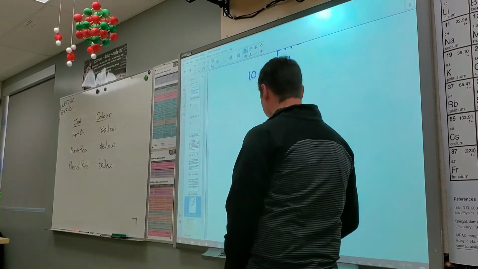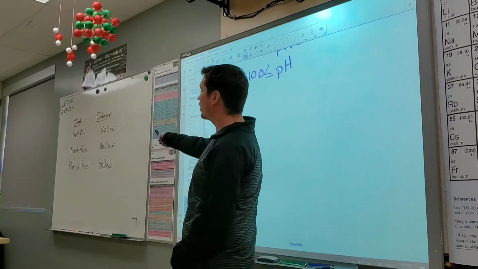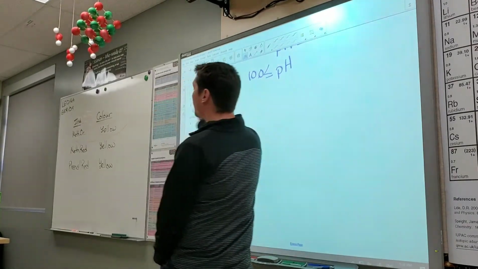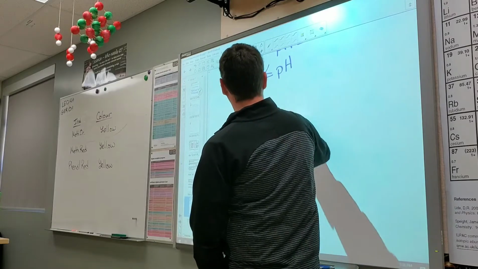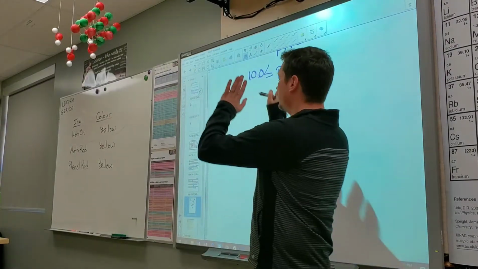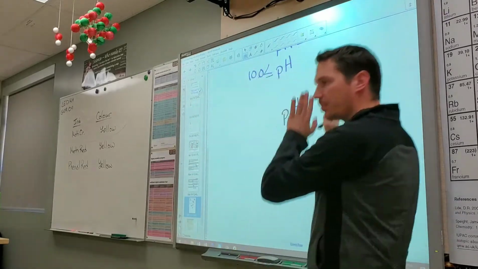Let's try this. When I look at this, methyl orange is yellow. So let's think about this. Does that represent a lower boundary or an upper boundary?